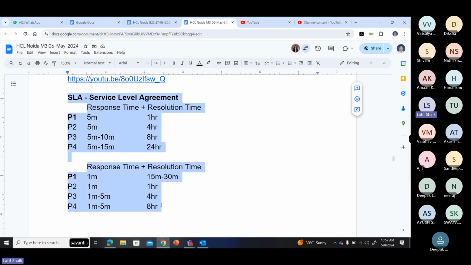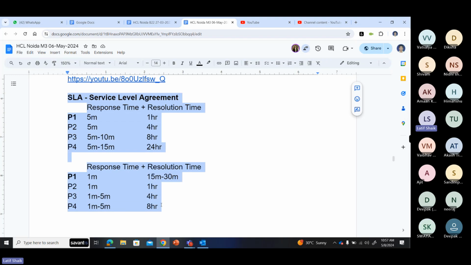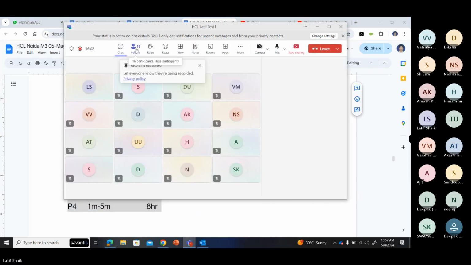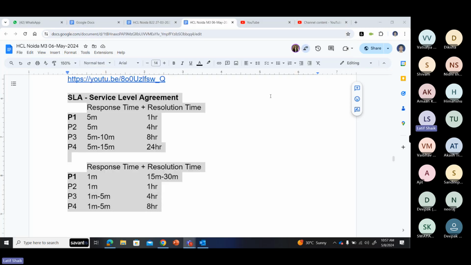Okay, so based on each priority, a P1 ticket is very critical. You have to respond immediately and you have to resolve immediately. So that is the first thing. Each organization decides depending upon their SLA, the service level agreement with other organizations.